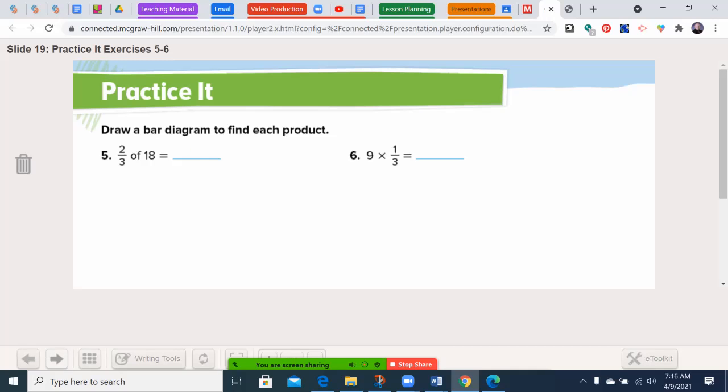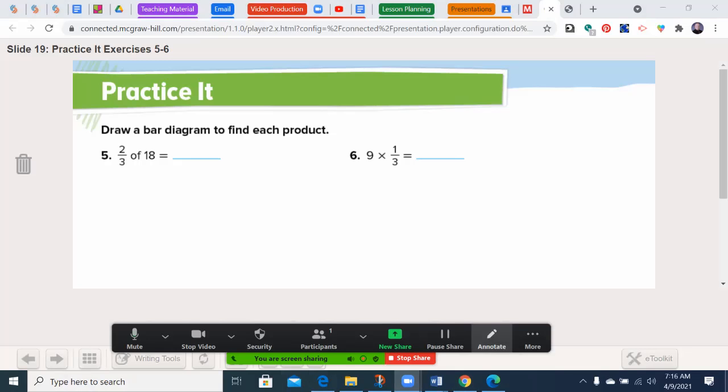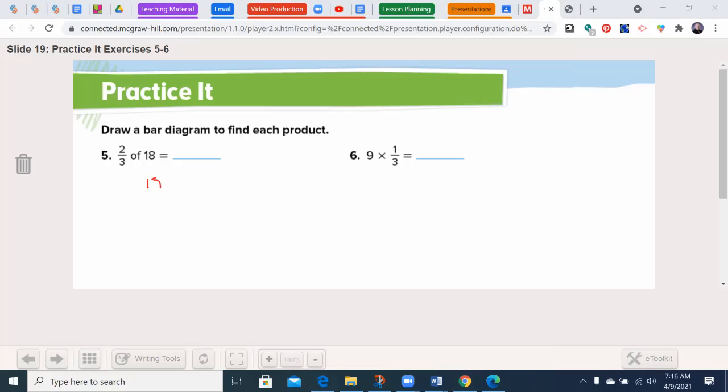All right, let's do these two, and then we'll move on towards the homework. 2/3 of 18 and 9 times 1/3. You may pause the video now. All right, welcome back. Let's see how you did. So 2/3 of 18. Let's grab myself the annotation tool. So 18.